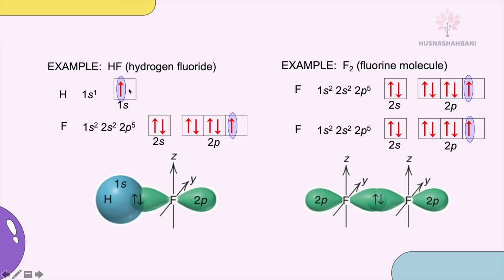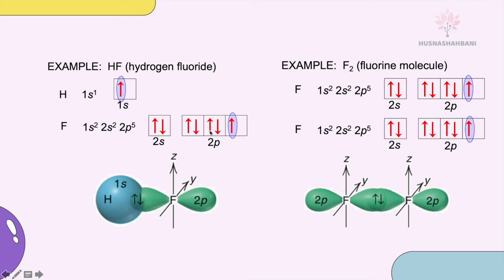So one unpaired electron from hydrogen, and from fluorine you cannot take the electrons in 2s, because in 2s there are paired electrons. In the first 2p orbital, paired electrons, so don't take from this orbital, and the next 2p orbital still has paired electrons, don't use these two electrons, use the unpaired electron. Only the unpaired electron from each atom can be used for orbital overlap.